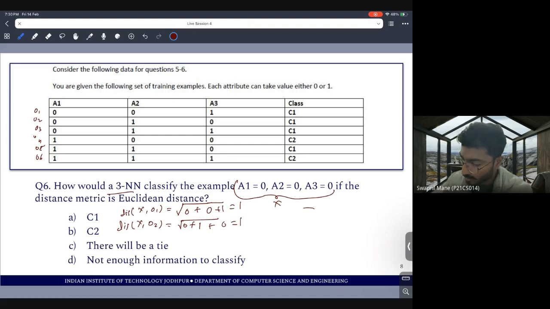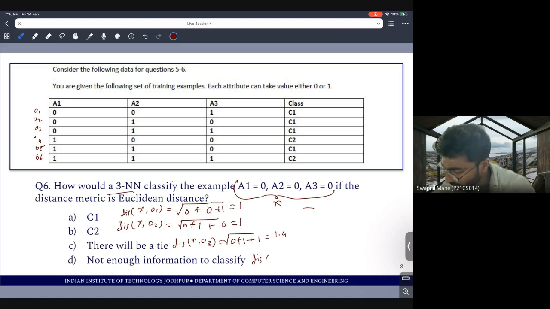It is equal to 1. Okay, distance from x to object 3: 0 minus 0, 1 minus 1, 1 minus 0, 1, 1, is equal to 1.4 something. Then distance from x to object 4: 1 minus 0, 1, 0 minus 0, 0 plus 0, right? It is getting 1.